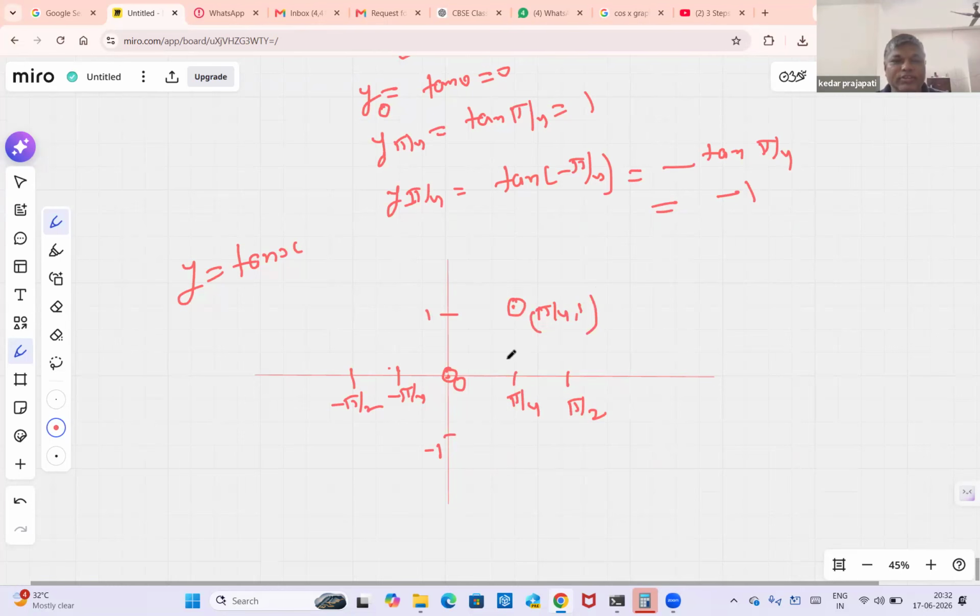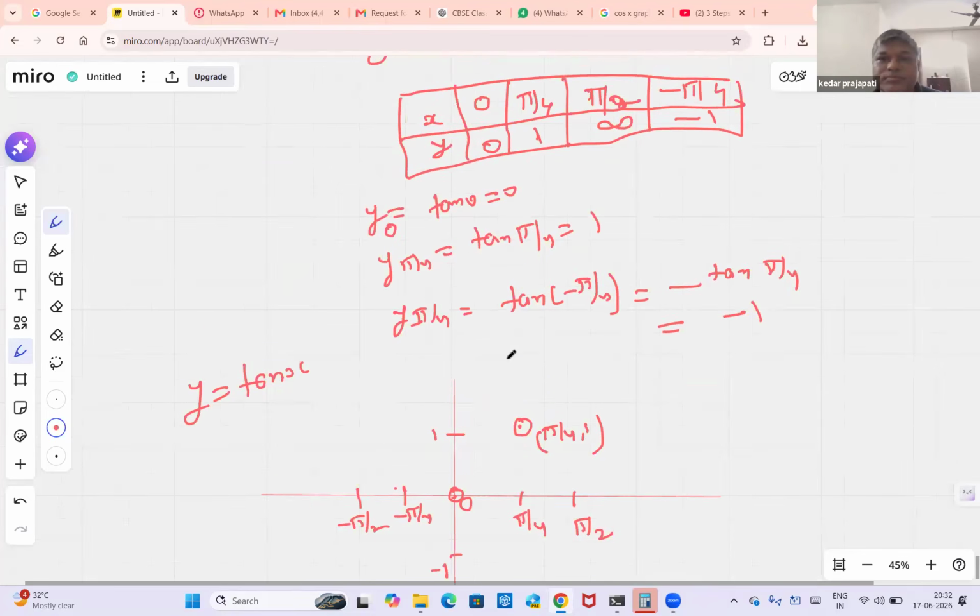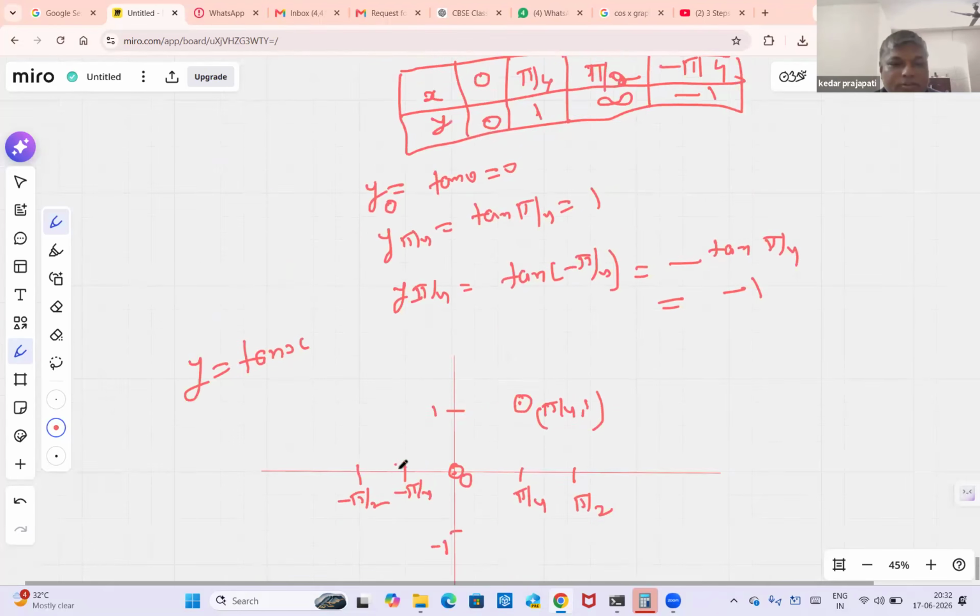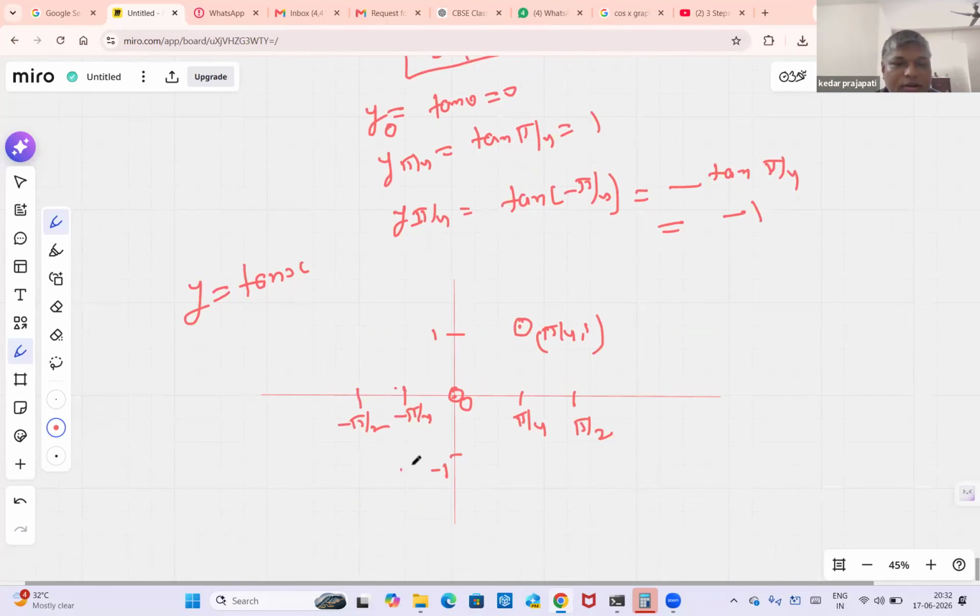Then I will check at minus pi by 4, how much it will come. Minus pi by 4, minus 1. Somewhere here. So if you want to draw, this won't be a straight line. It will be something like this. So your graph is going like this. It will go up.